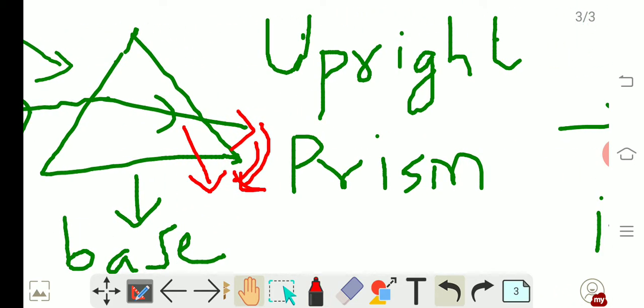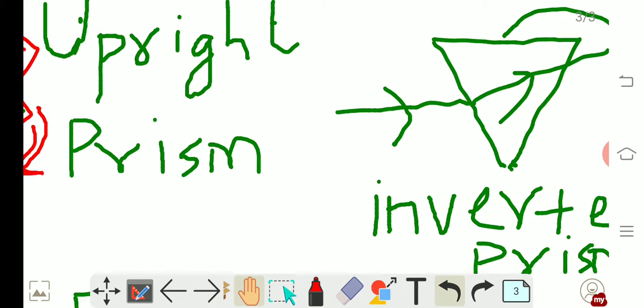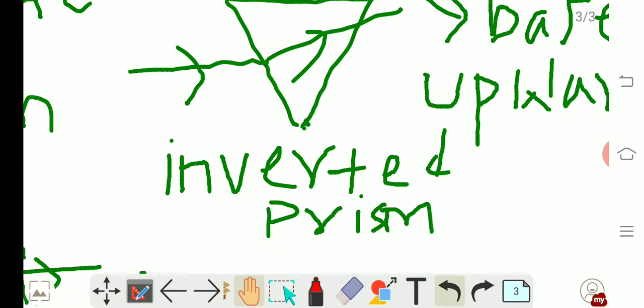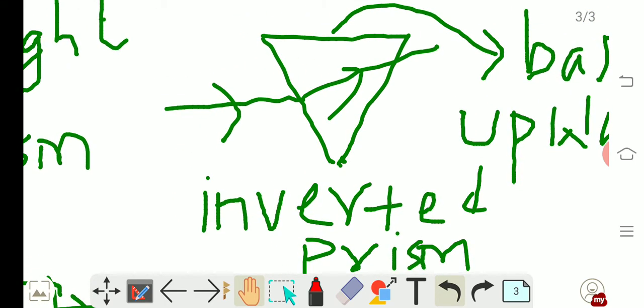This one is an upright prism, and our next prism is an inverted prism. See, its base is pointing upward, that's why it is inverted. Whenever the light rays fall on this prism, it also deviates towards the base.